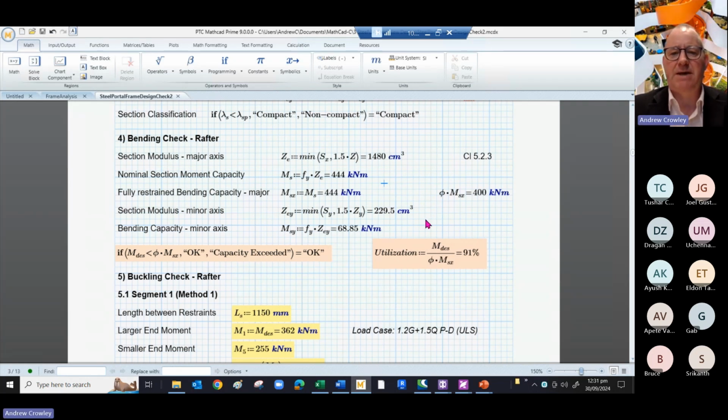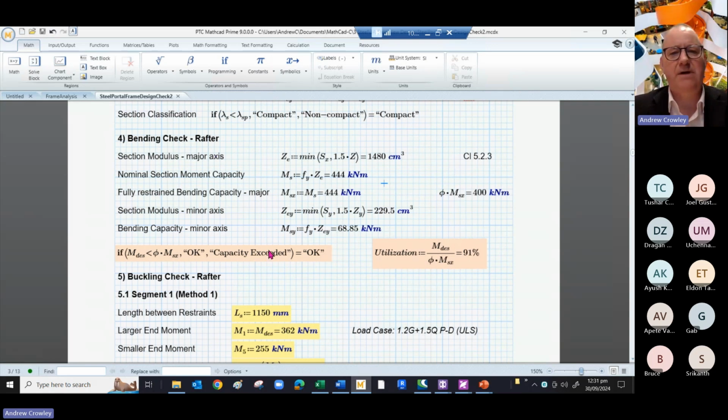We can do the same exercise for the minor axis and come out with a bending capacity about the minor axis of 68. So we can compare the section capacity against the applied moment, and we're still good. We're at 91% now, so we're quite close to the limit on that.